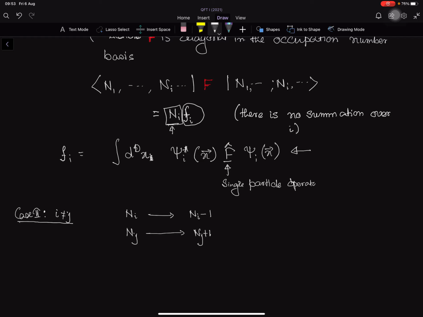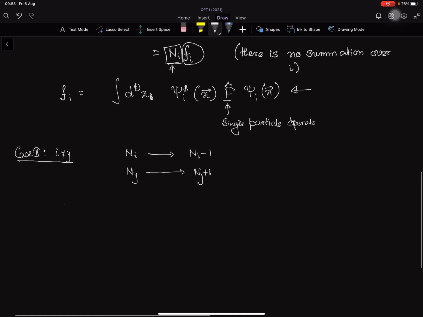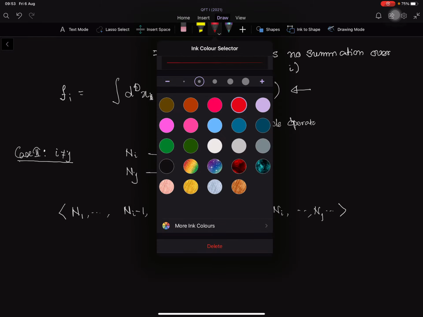If that's the case, then the non-zero matrix element will be something like: n1 ... ni minus 1 ... nj plus 1 ..., then the operator f inserted, then n1 ... ni ... nj.